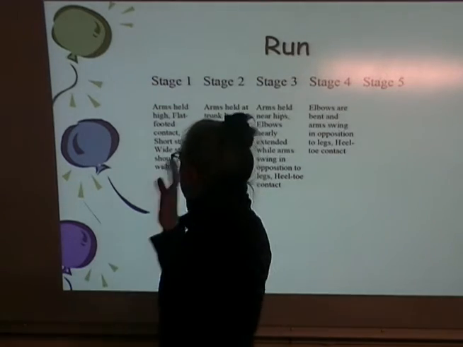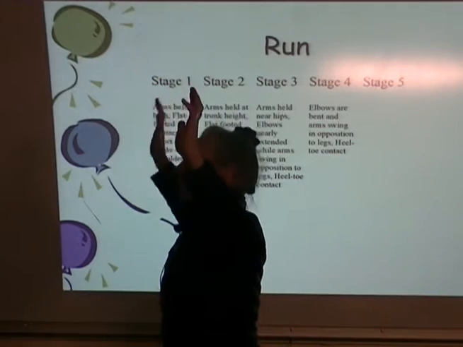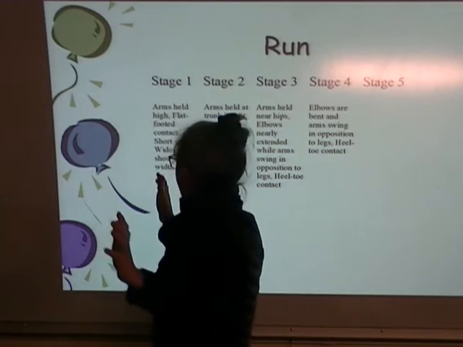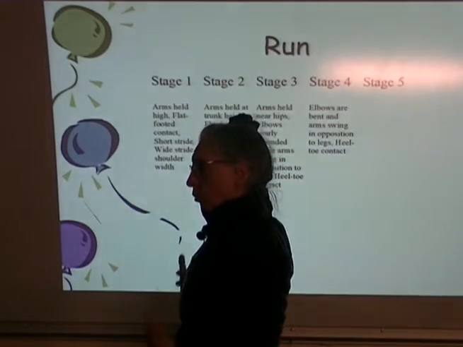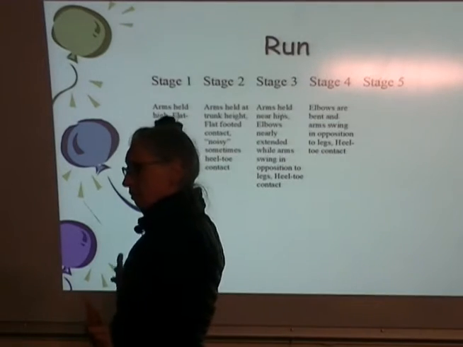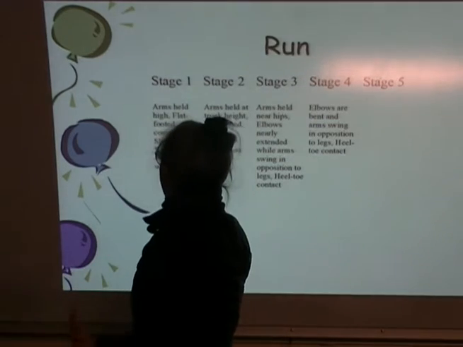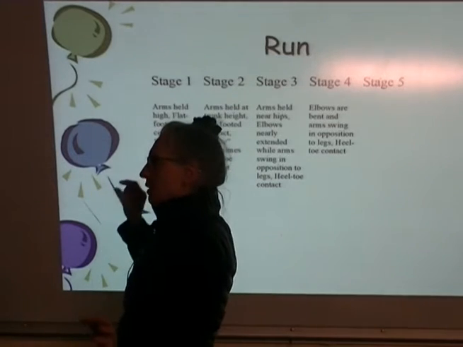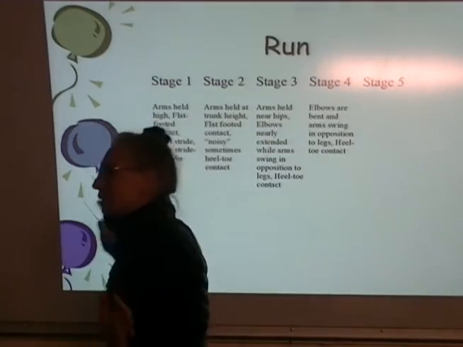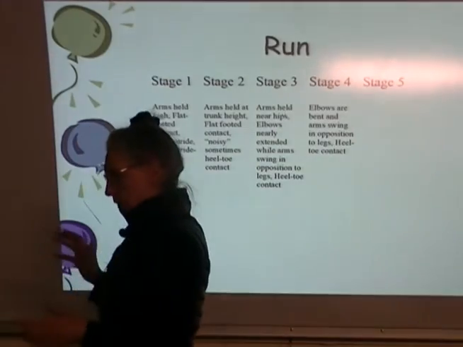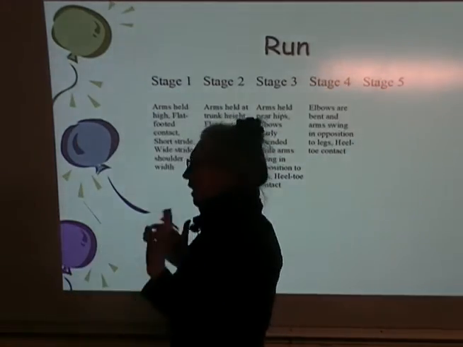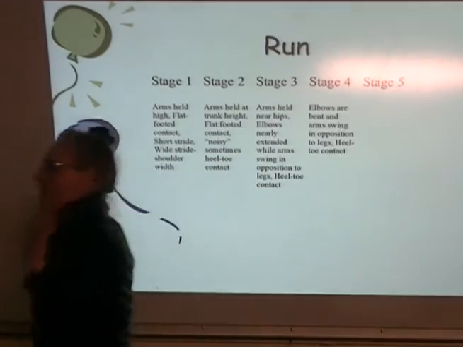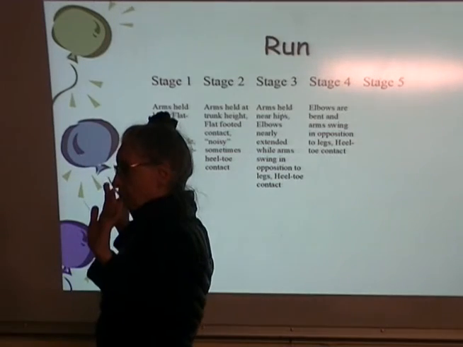Okay? So gradually, the brain's like, well, I'm not getting anywhere really with this. It'll drop the arms down around the waist, right? And it's still pretty flat-footed, but it tends to be more noisy because there's more force being applied to the floor. And you might, towards the end of stage 2, get a little bit of heel-toe and not completely flat-footed.